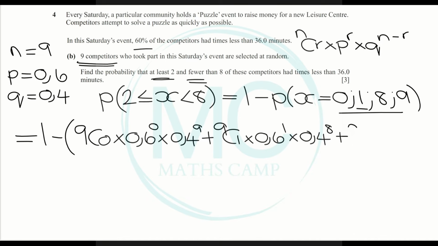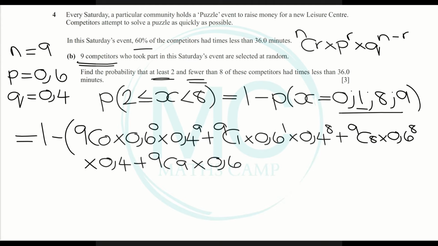So we have 9C8 multiplied by 0,6 with an exponent of 8, multiplied by 0,4 plus 9C9 multiplied by 0,6 with an exponent of 9 multiplied by 0,4 with an exponent of 0.